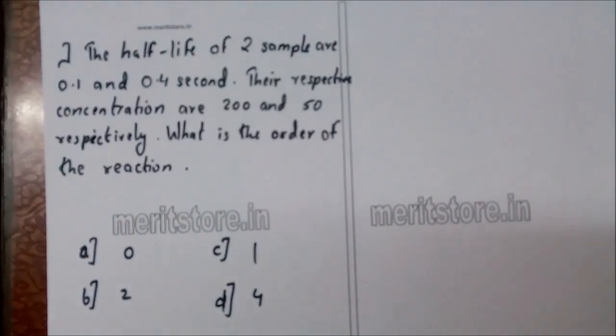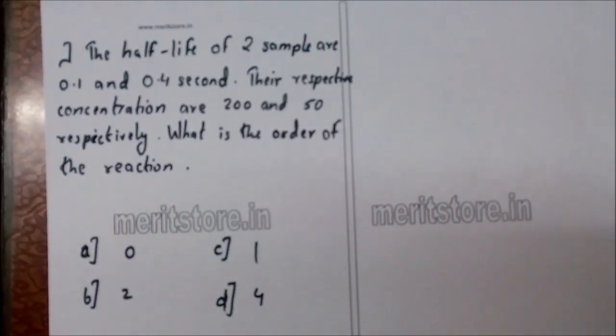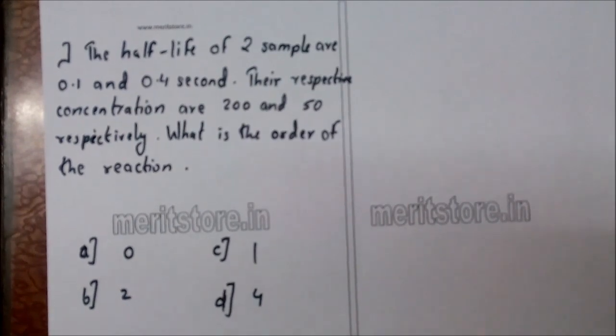Next question is, the half-life period of two samples are 0.1 and 0.4 seconds. Their respective concentrations are 200 and 50 respectively. What is the order of the reaction?